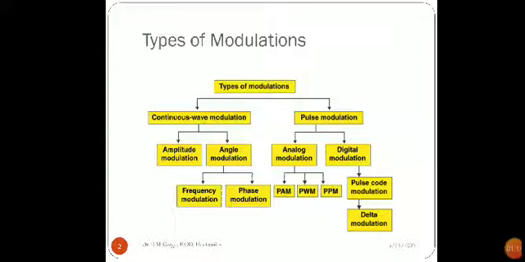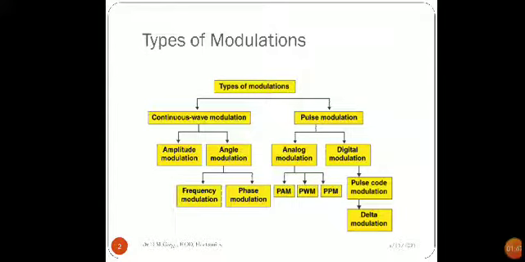And there are certain properties of pulses, say for example its frequency, its amplitude, its position, the width of the pulse. Amongst these parameters, one parameter will be changed according to the instantaneous amplitude of the information signal.